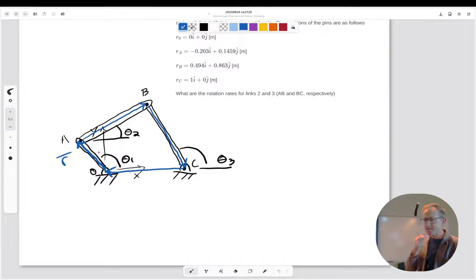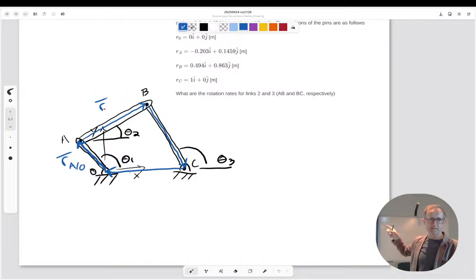When I go O to A, what is that vector? What is that describing? Position of what? A, with respect to O. So this is R_AO. And then this is the next one up, going along this loop.